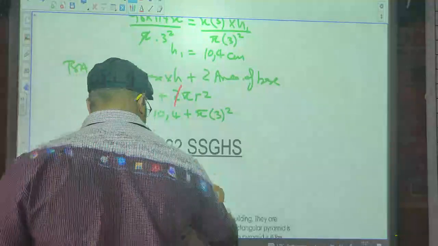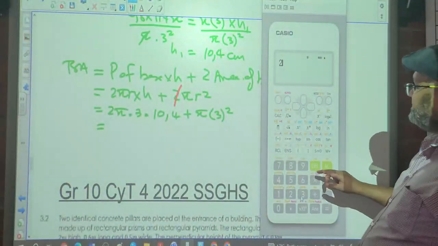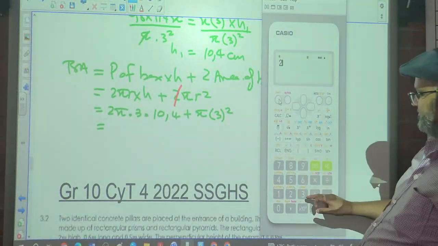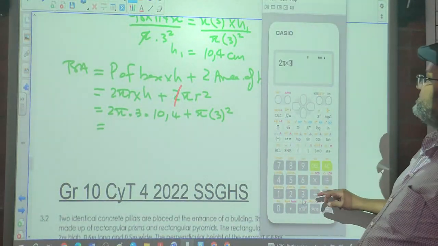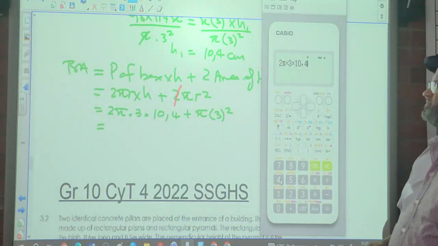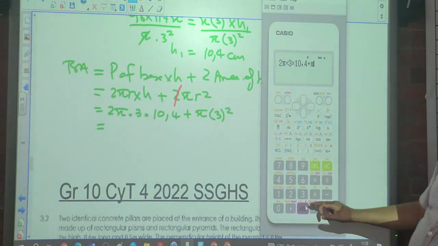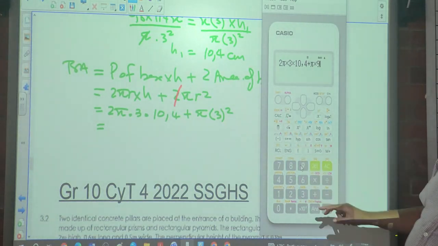Just put that in the calculator: 2 pi times 3 times 10.4, plus pi times 9.